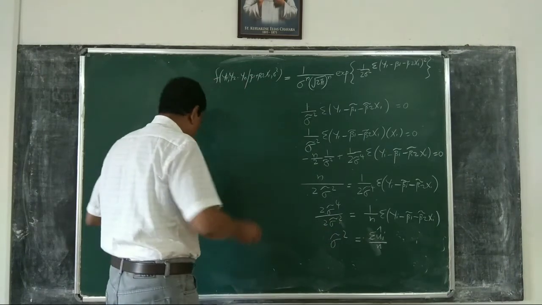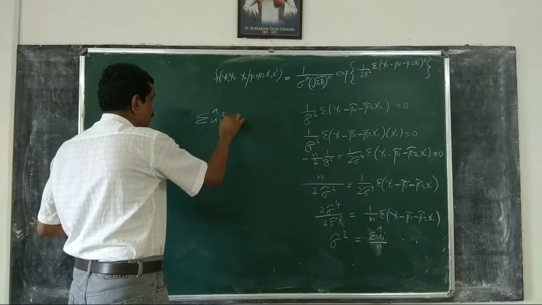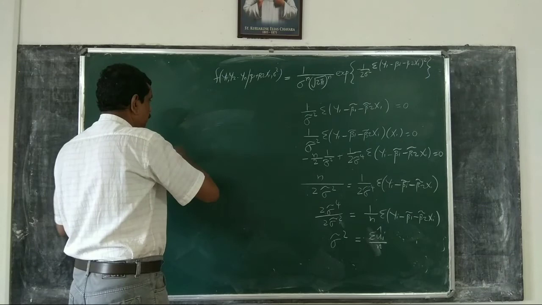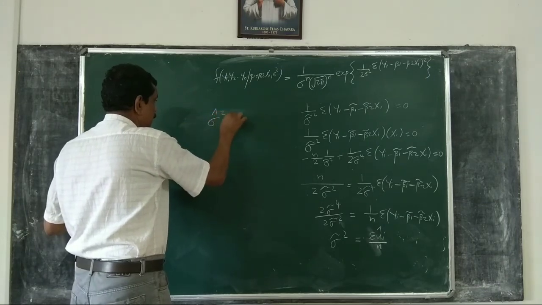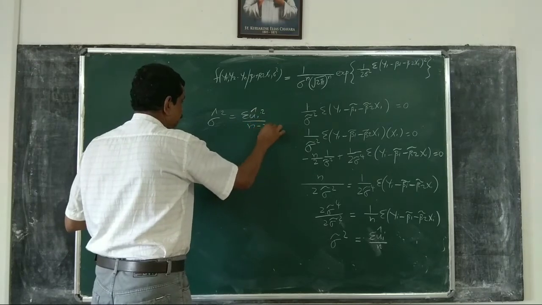We know that for the two variable model, sigma hat square was sigma u hat i square by n minus 2.